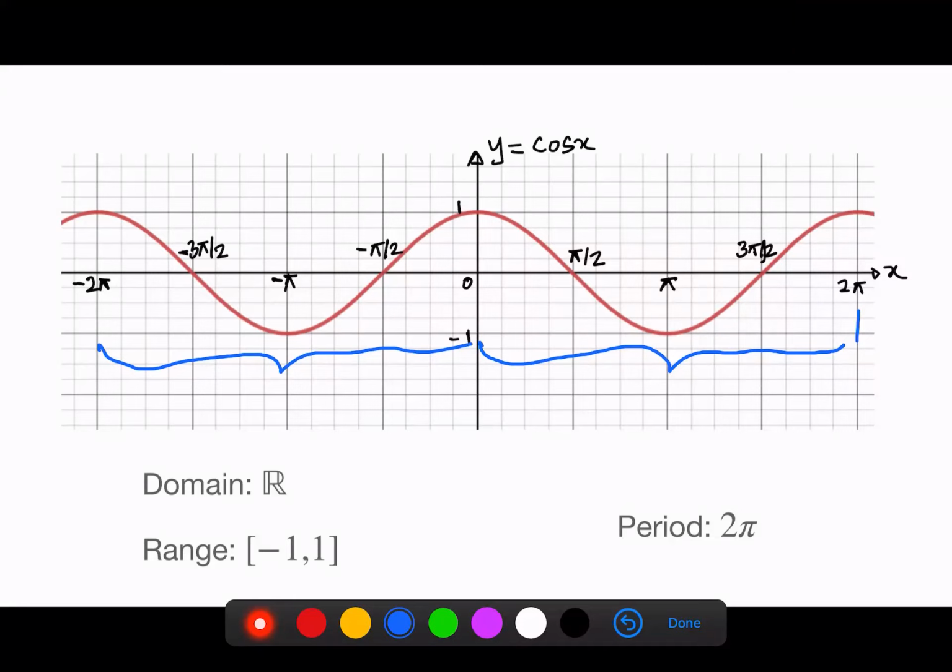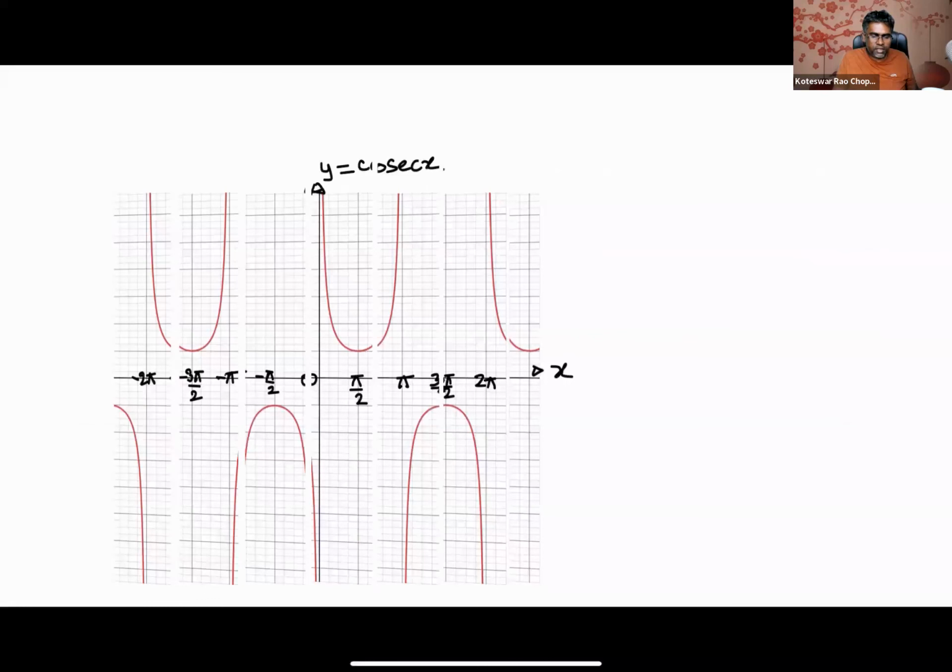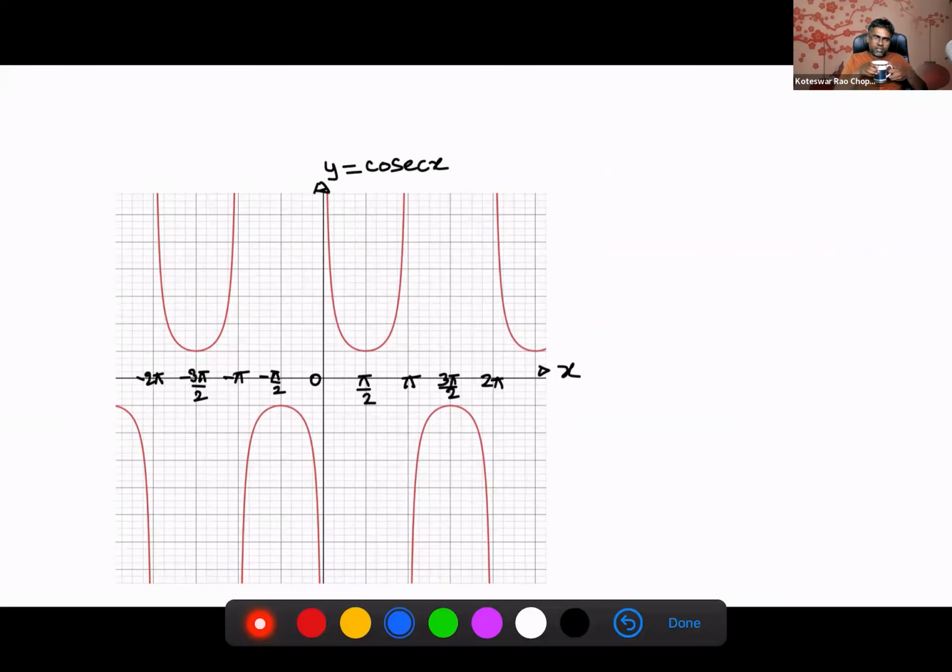Okay, now let's look at the cosecant function. How do we understand this? Your cosecant is what? Cosecant is 1 by sin x, isn't it?